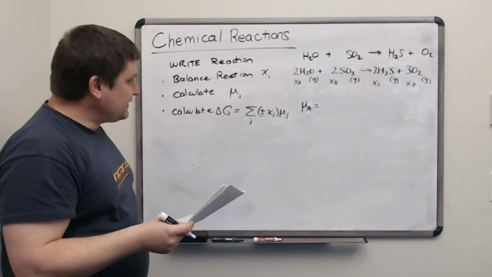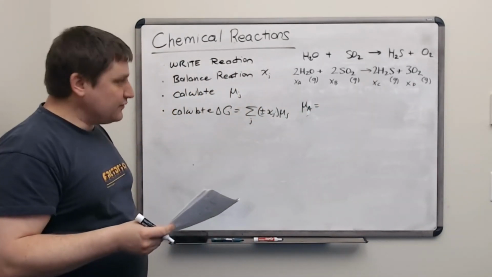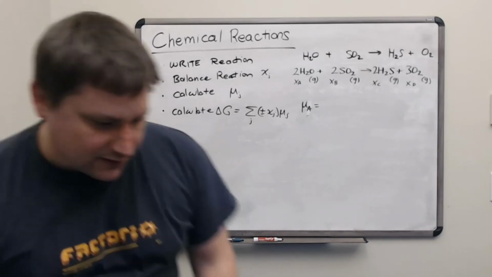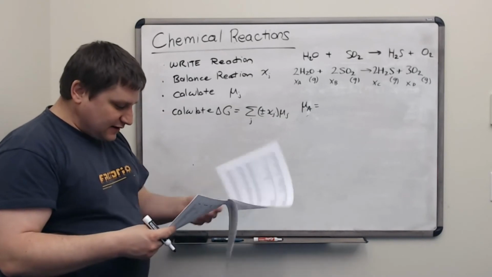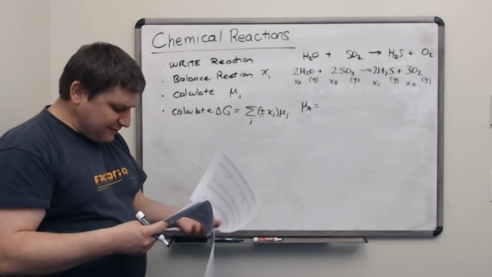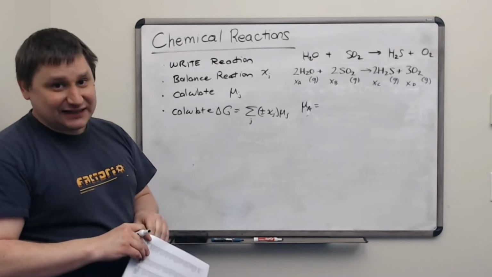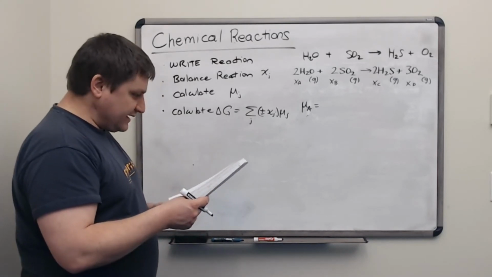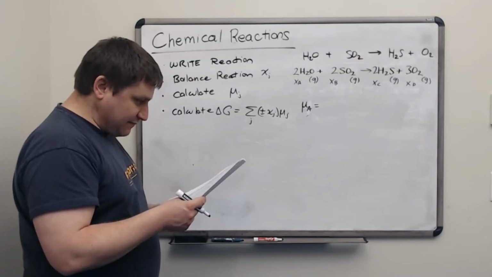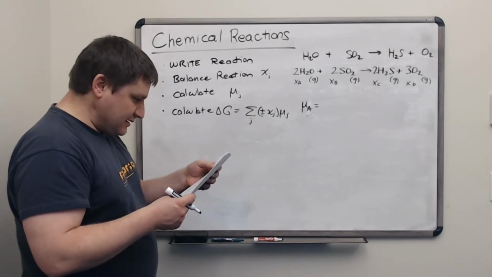Okay, so this is the point where we then need to go to the table. So first chemical compound there is H2O in the gas phase. So flip through the table. The table is alphabetically by compound. So H2O appears on page 43.